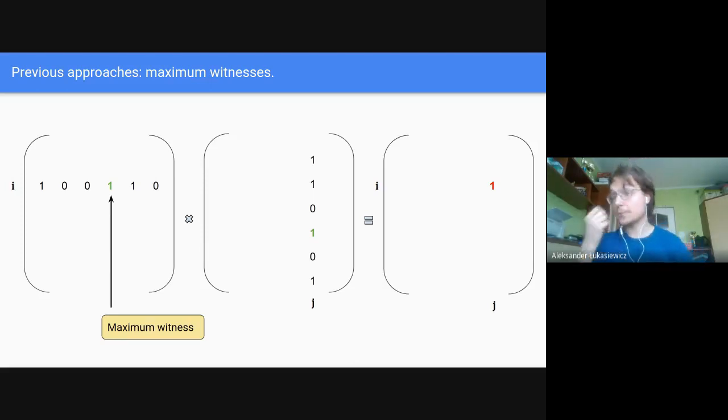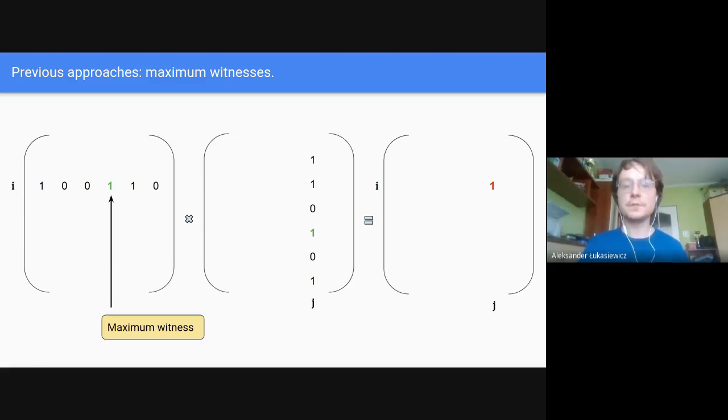Okay, so now I will talk briefly about these previous approaches to the all-pairs LCA problem. The key ingredient was the usage of maximum witnesses for Boolean matrix multiplication. So what is it? Assume that we multiply two Boolean matrices, and we have some non-zero entry in the resulting matrix.